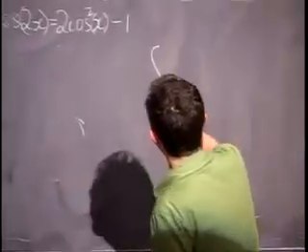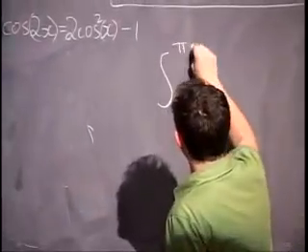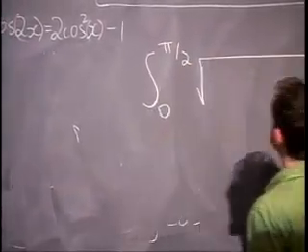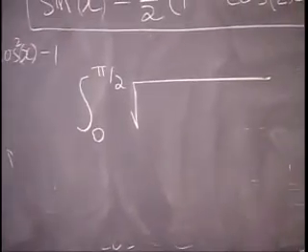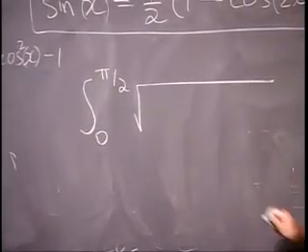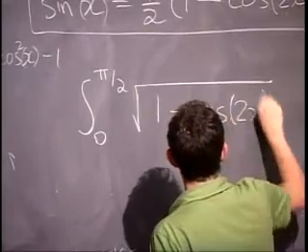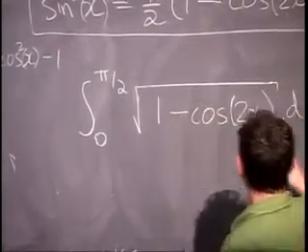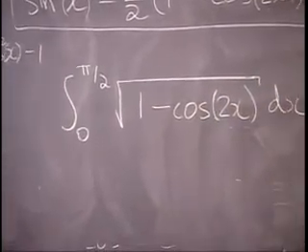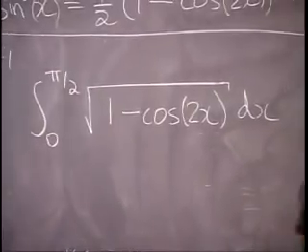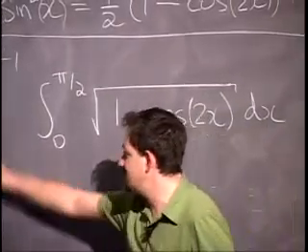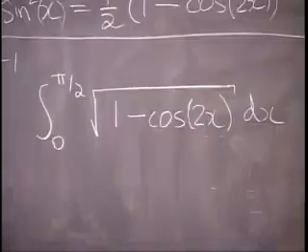Okay, now, here's an example of where you would use such a thing. So suppose I ask: integral from 0 to pi over 2 of the square root of 1 minus cosine 2x dx. Well, it doesn't look like any substitution is going to work.